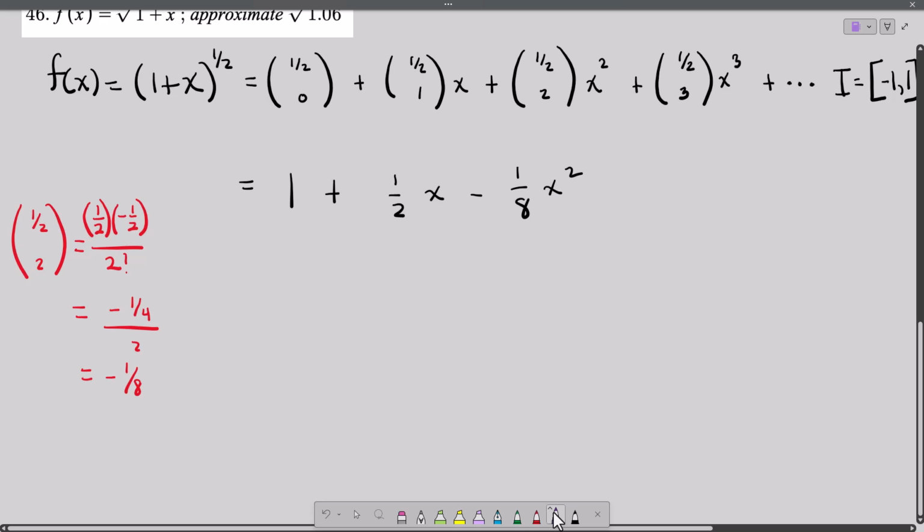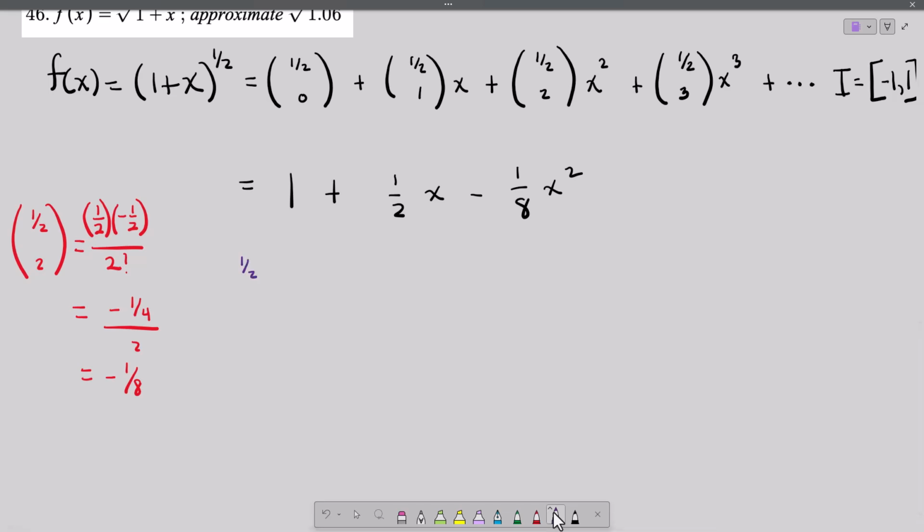And then we're going to do the 1/2 choose 3. Same idea. The 3 is in the denominator as a 3 factorial. The numerator starts at 1/2. And then we do repeated subtraction of 1. And when do we stop? Well, we stop as soon as we have 3 factors. So that will be the numerator. Just repeated subtraction of 1 until we get to the spot where we have, in this case, 3 factors.